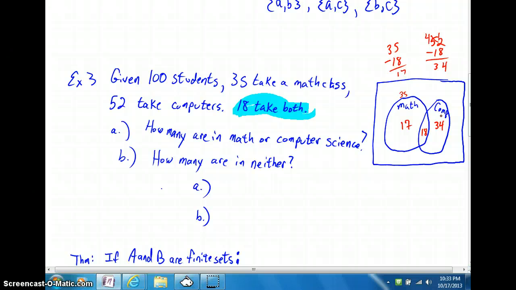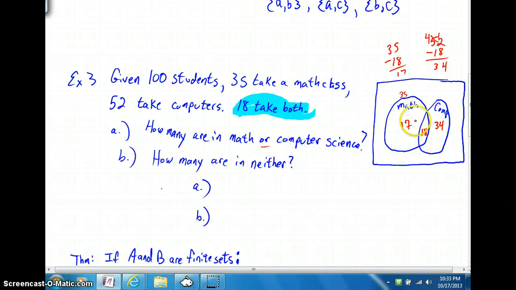The 34 of them plus the 18 who are also taking the math class would add up to 52. So for part A, they're saying how many of these students are in math or computer science.